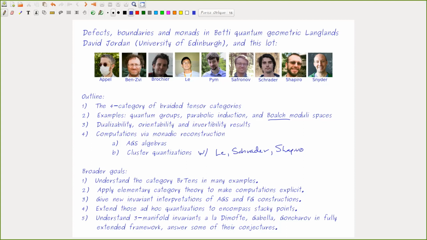So both the AGS algebras and the cluster quantizations, they're defined by generators and relations. So they're sort of defined by fiat. And rather what we're going to do is give an invariant definition and then recover those famous generators and relations.